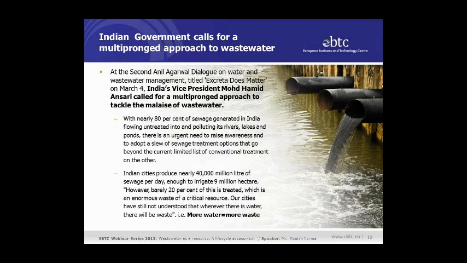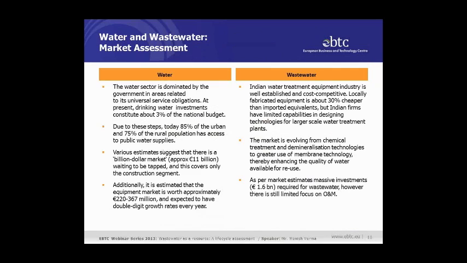It's estimated that the cities alone produce about 40,000 million liters of sewage, which is enough to irrigate a 9 million hectare area. And 20% gets treated. So actually more water leads to more waste. And that's the equation that needs to change.